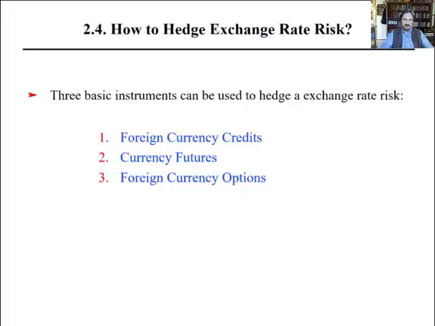We will discuss in the following three basic instruments that can be used to hedge exchange rate risk. First one is a foreign currency credit. The second one is a currency future, and the third one is a foreign currency option.